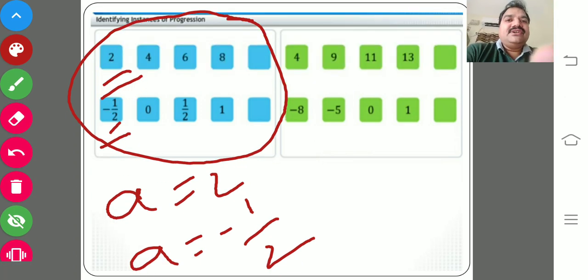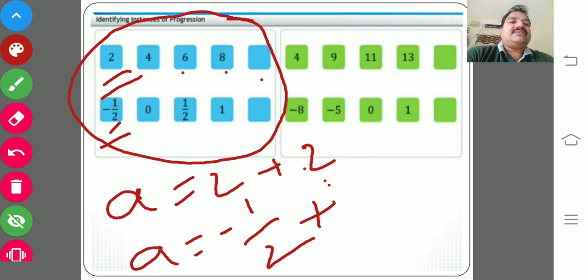And one fixed number is added to the previous numbers. Am I right, children? So here, what is the fixed number? 2 in the first problem. 2 plus 2, 4. 4 plus 2, 6. 6 plus 2, 8. 8 plus 2, 10. Like that, here also, in the second problem, the first term is minus 1 upon 2.